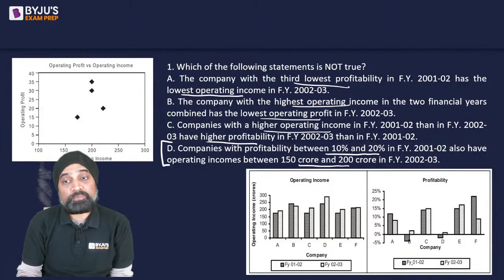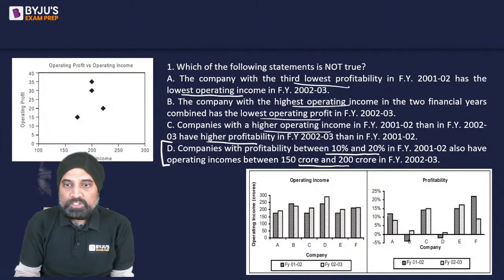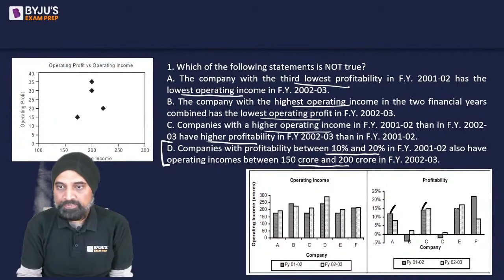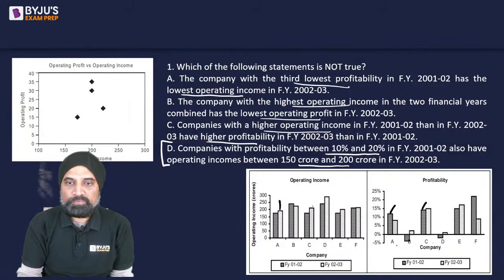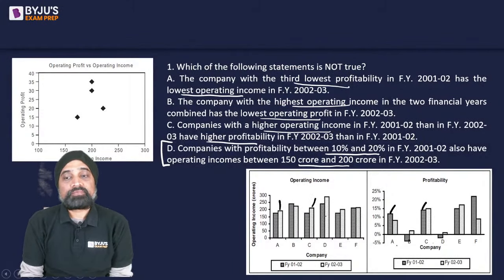So the shaded one, the more gray one, right? So this is company A that we have. We have company C. Company E looks to be more, and company F is more than that. So there are only 2 companies that fall in this category. They have operating incomes between 150 crores and 200 crores. So company A, fiscal year 2002-2003, these are their operating incomes for company A and C, right?